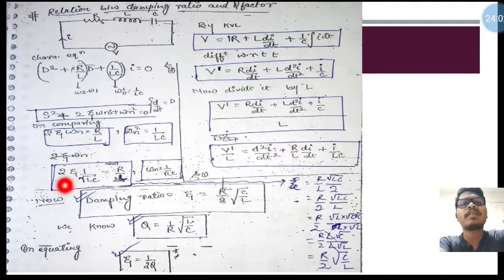So omega n is equal to 1 divided by root over of LC. Let's calculate these terms.